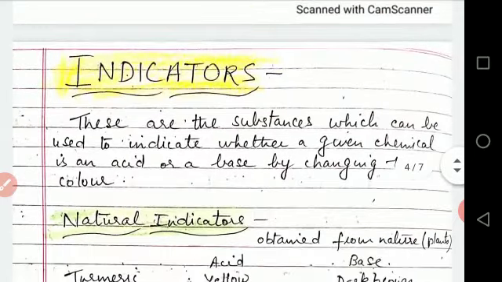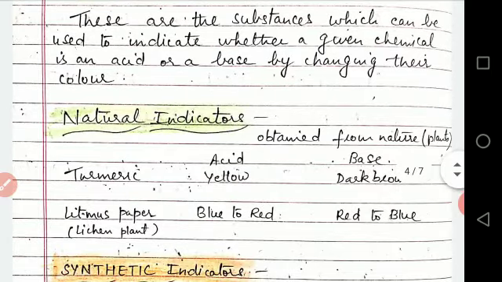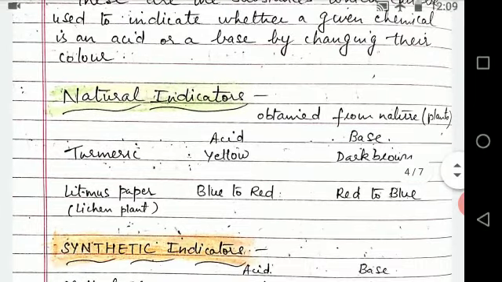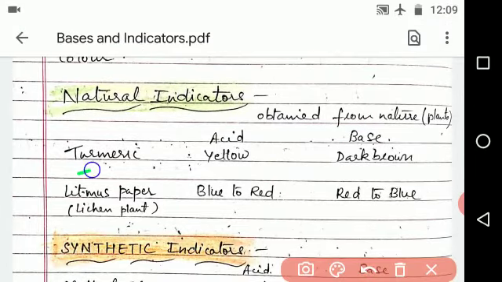Our next topic is indicators. These are substances which can be used to indicate whether a given chemical is an acid or a base by changing their color. Indicators are of three types. First is natural indicators. Two examples are turmeric and litmus paper.